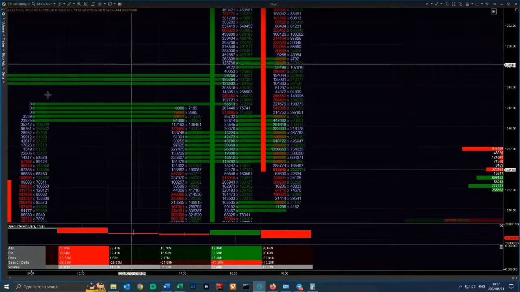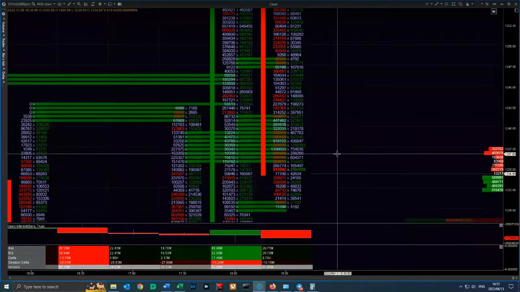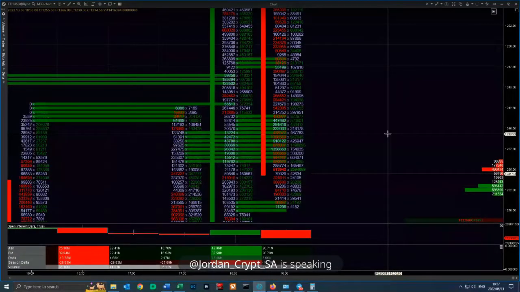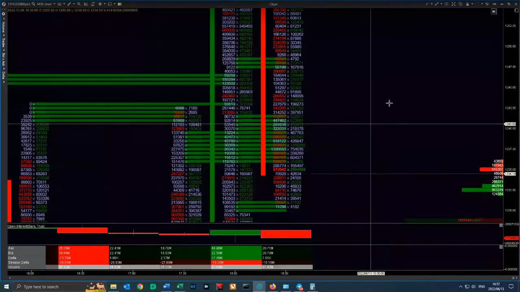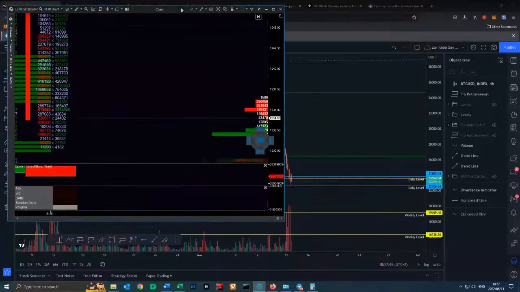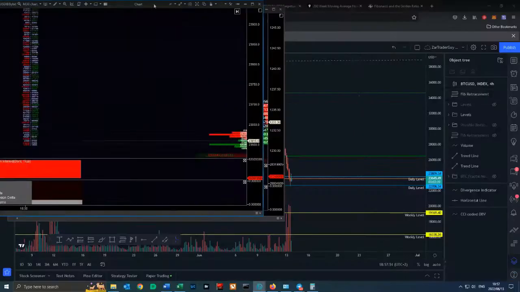This is also exchange-specific. So if I want to look at different exchanges and there's a higher volume on a different exchange, I can open up multiple exchanges on the software and put them right next to each other. I can watch ETH USD, and I've got my BTC USD, so if I'm trading both, I can look at both.